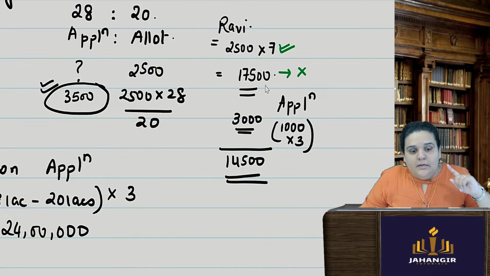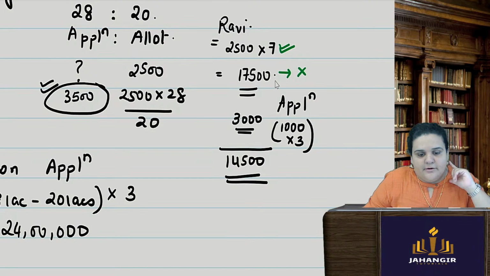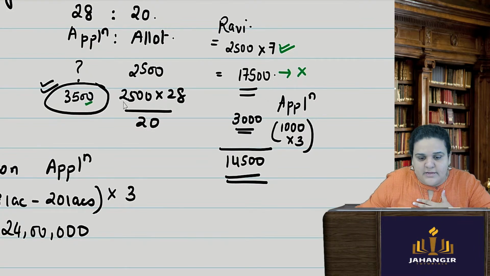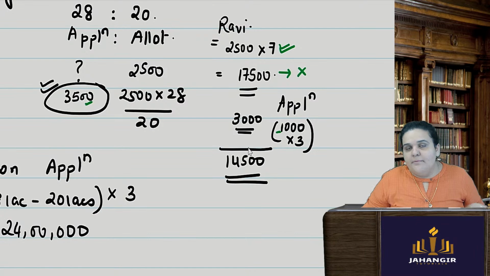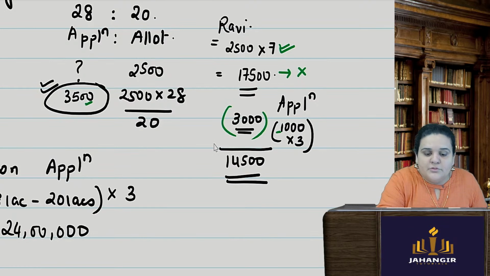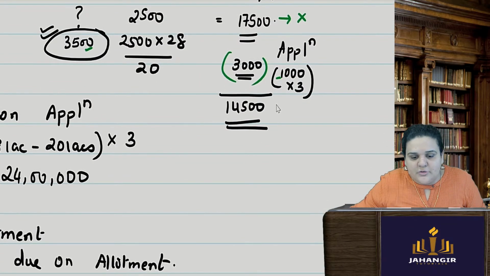But when he had applied for 3,500 shares, for this extra 1,000 shares he had already paid me rupees 3. I should have ideally refunded it, but no. So 3,000 rupees I will subtract as excess money on application. So 14,500 is the actual calls in arrears.